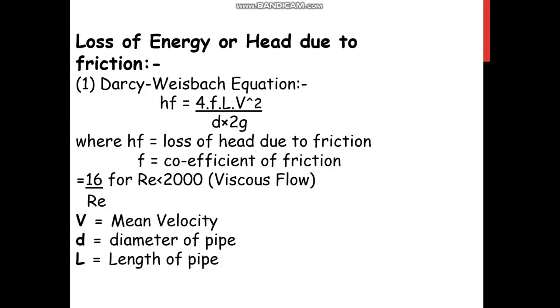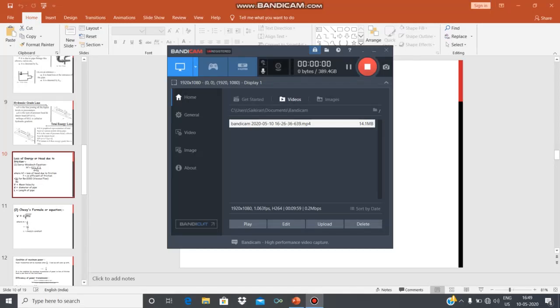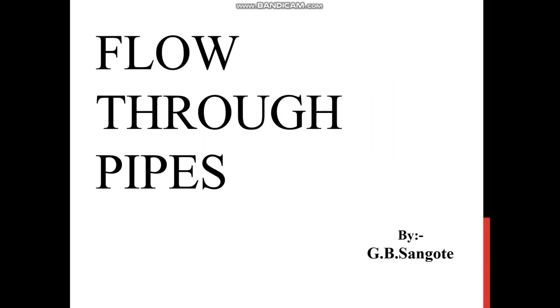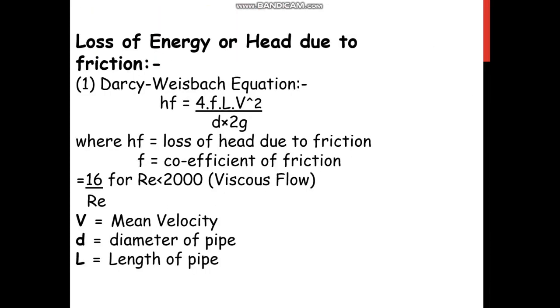Now, how do you find the loss of head due to friction? To find the loss of head or energy due to friction, we use two main formulas or equations. One is called the Darcy-Weisbach equation, which is popularly known as Darcy's formula, Darcy's equation.